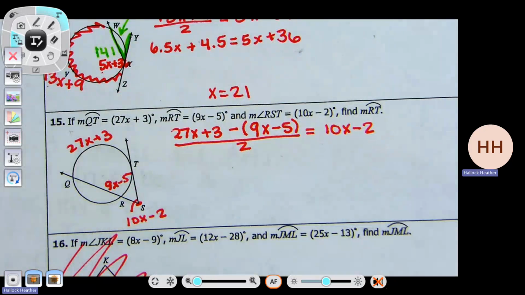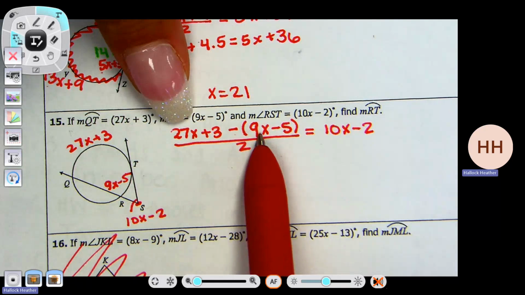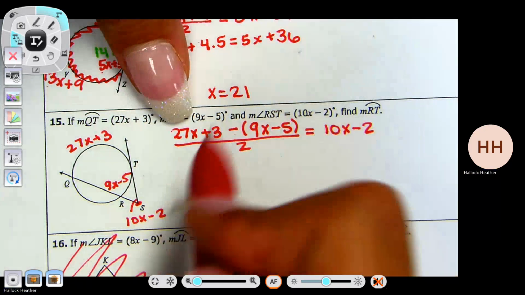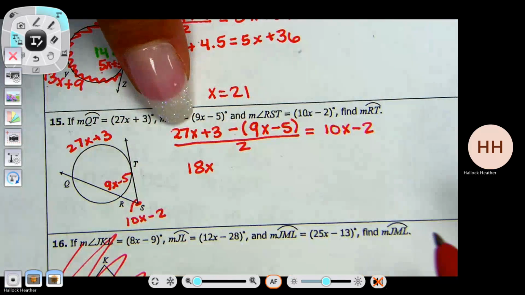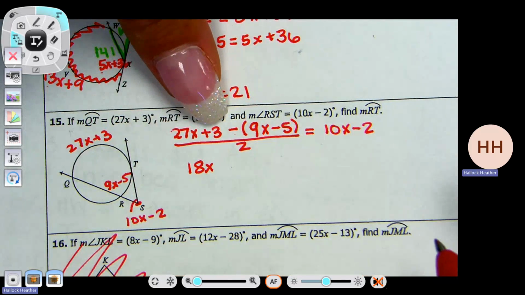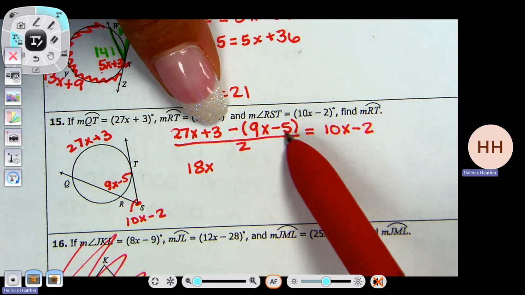So when you subtract to combine like terms, 27, you're subtracting 9. How much is that? 18x. And then you have to remember you're doing 3 and you're subtracting -5. 8.